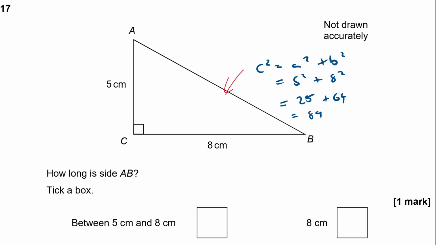So c squared is 89, so c is root 89, which according to my calculator is 9.43.